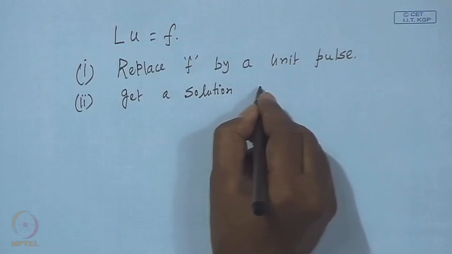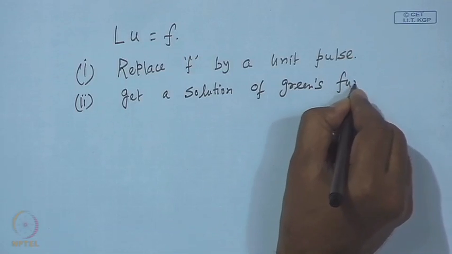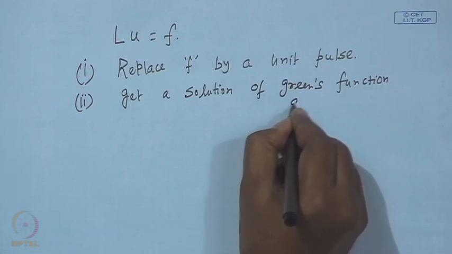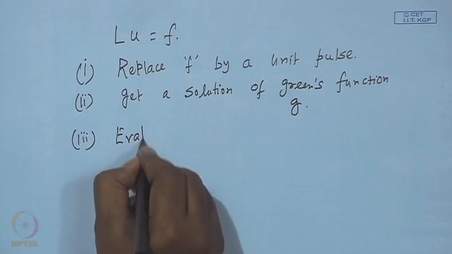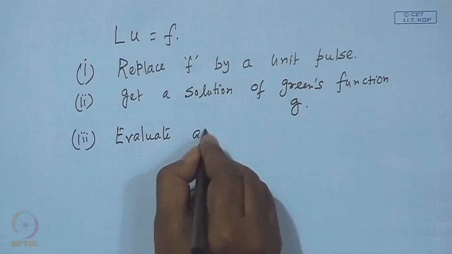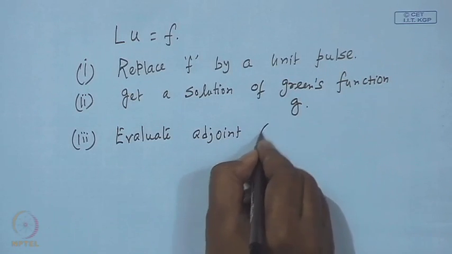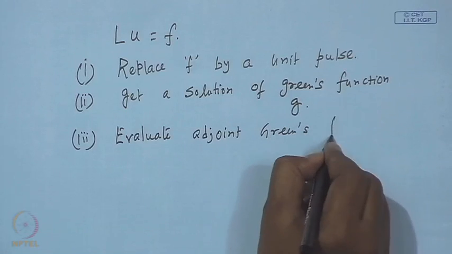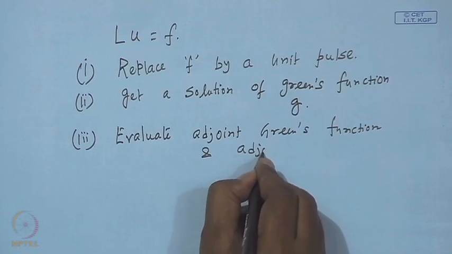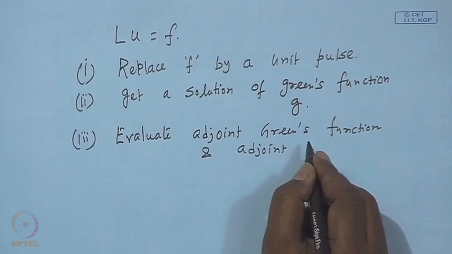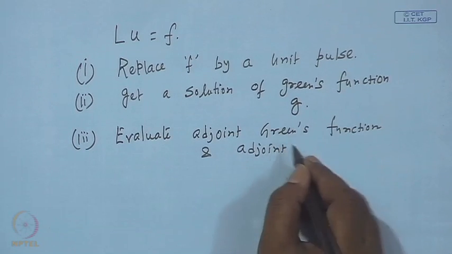So, let us get a solution of Green's function g, then evaluate adjoint Green's function and adjoint operator. Actually, if you remember, when we found out the adjoint operator and adjoint function, both of these will be coming out automatically.